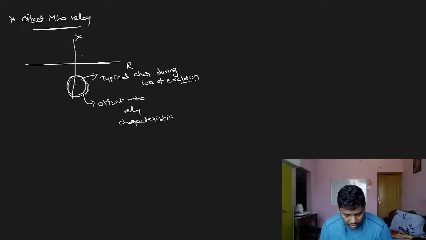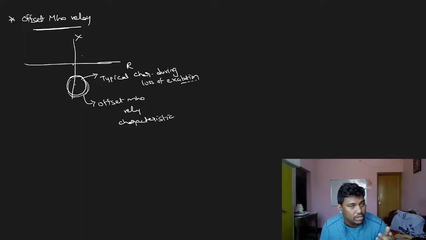Right. So whenever the excitation is lost below a particular level, then this offset mho relay will come into action, right? So the impedance of this induction generator will start shifting to the characteristics of this offset mho relay, right?